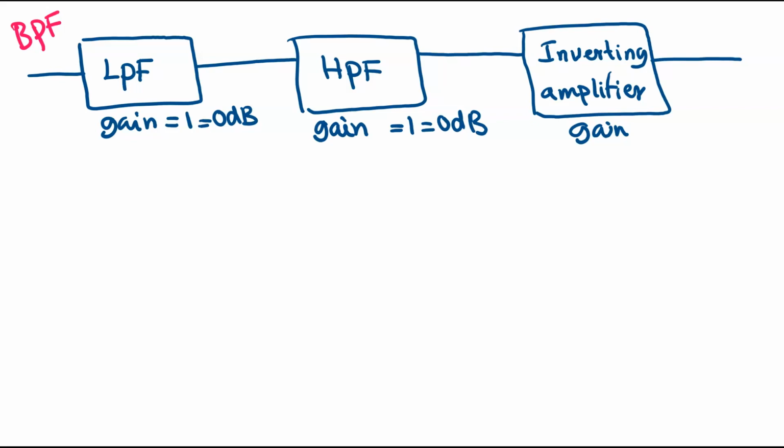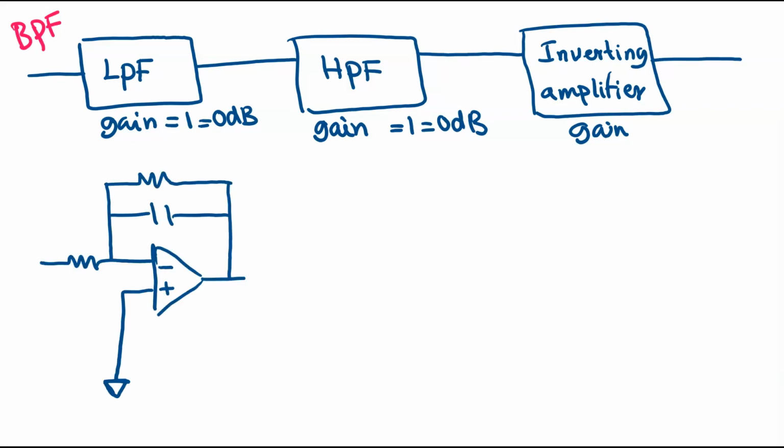Now, since you know the circuits for the low-pass, high-pass, and inverting amplifier, I'm going to show you how the cascade will look. So here I have the circuit for a low-pass filter using an op-amp. In this circuit, I need an input resistor and a feedback resistor.